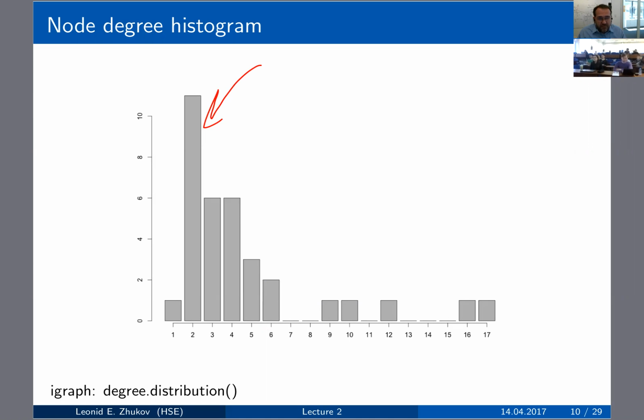That again makes sense with the instructors: your students know the instructor, but they probably don't know the rest of the students in the class. And there are several other nodes. In fact, this is one, so there is one node, and this is exactly the count, not the probability. There's one node with 16 connections. There's one node with 17 connections. So the majority have low node degrees, and there are some high node degrees.